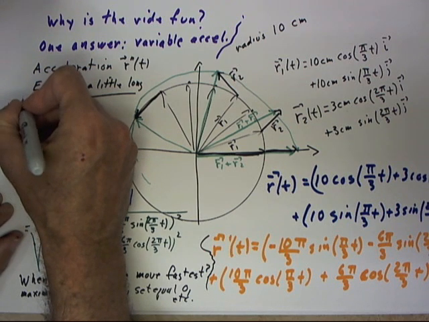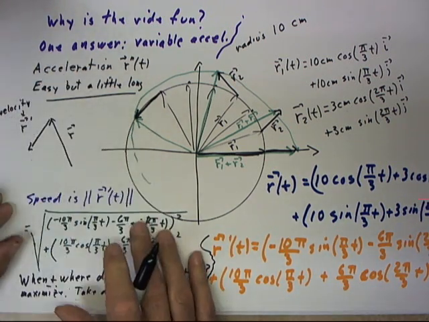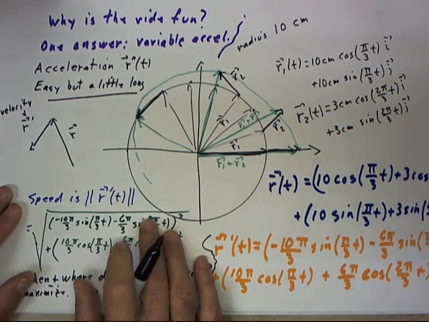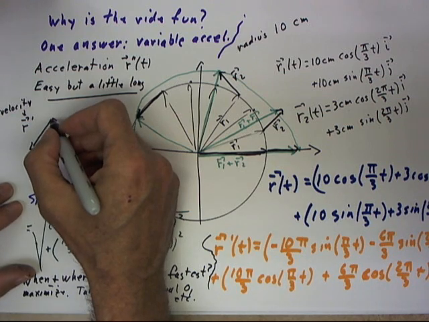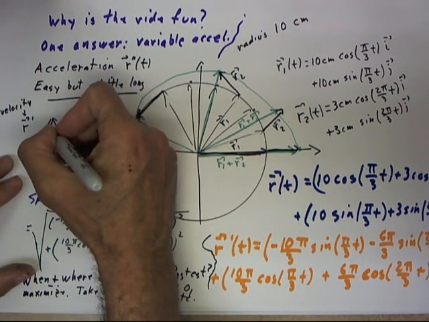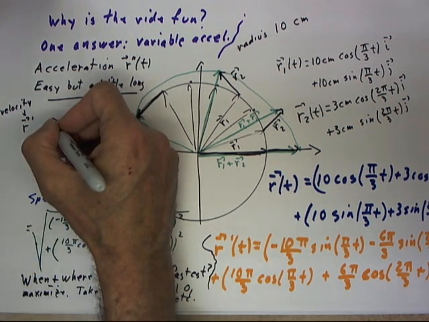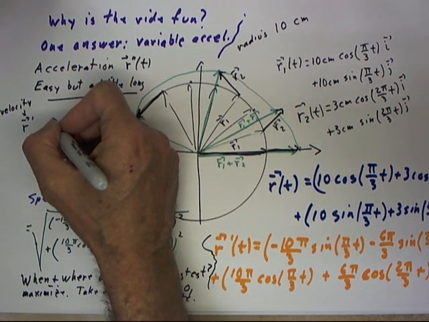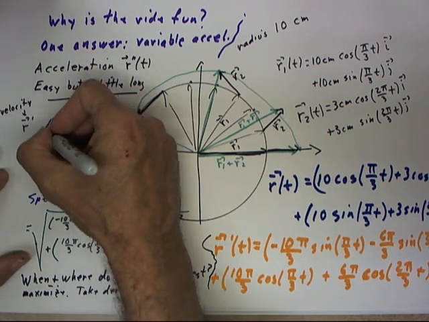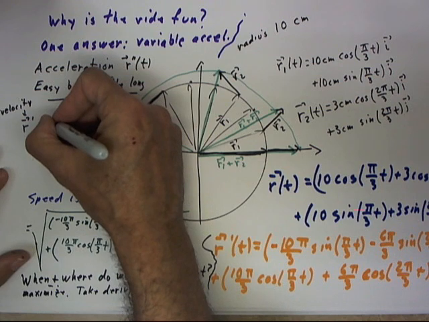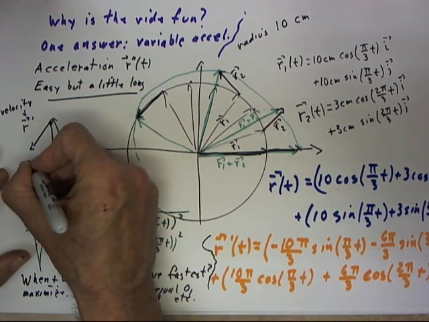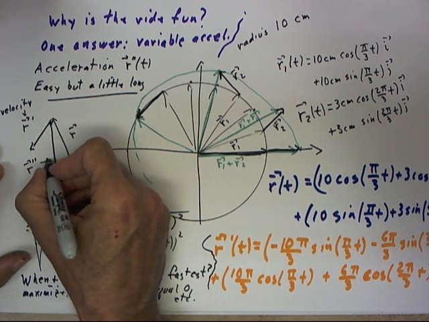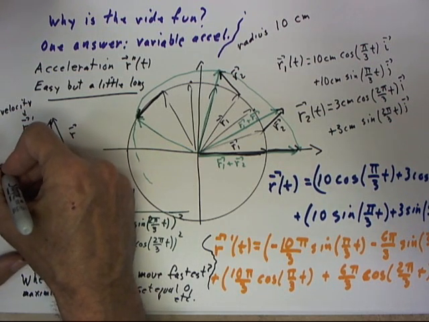And that's your velocity. And there's also an acceleration function, the direction in which you are being sped up or slowed down, and also the direction in which you're being moved toward or away from the center. So maybe our acceleration function, our r double prime, looks like this. This would be the acceleration.